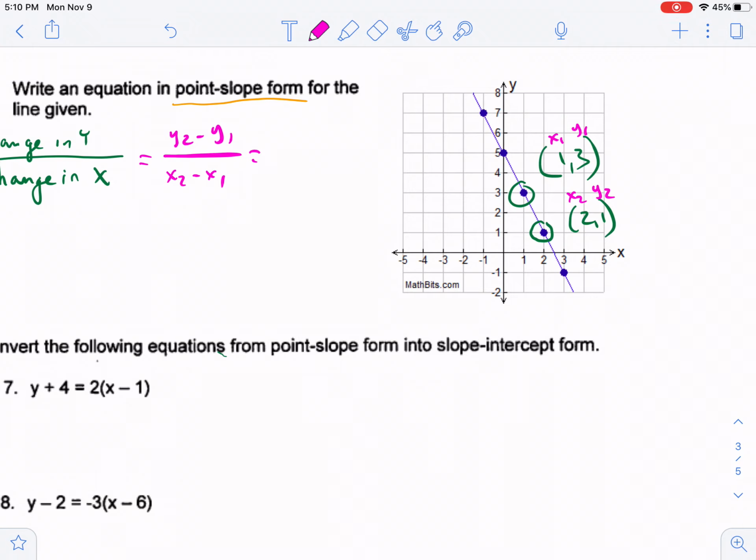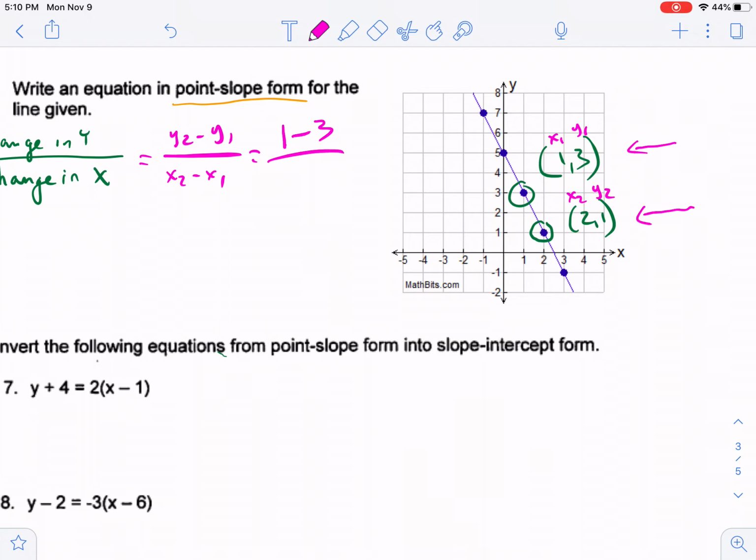How scary is it? So, y2 is, as I'm looking over here, 1, minus y1, 3. All right, that's a negative, right? 1 minus 3 is negative 2. Well, first let's find out what the change in x is.